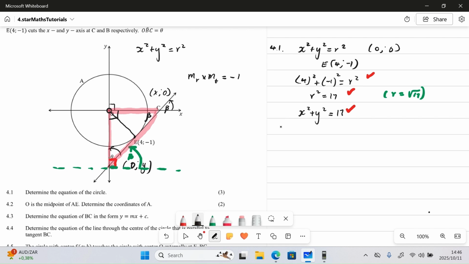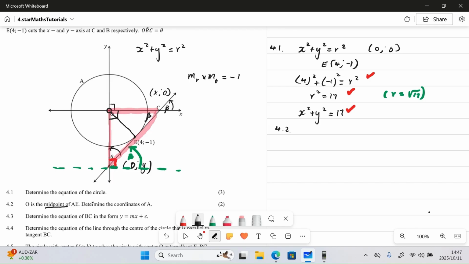Easy stuff. Then 4.2, O is the midpoint of AE. Determine the coordinates of A. If O is the midpoint, we're given the answer. Midpoint, here we must use the midpoint formula. Let's read again. O is the midpoint of AE.